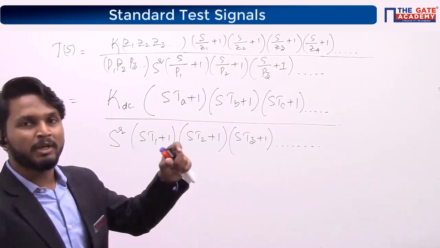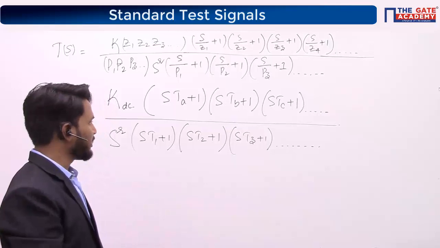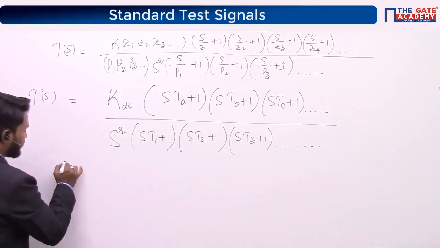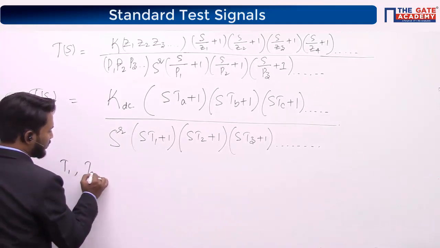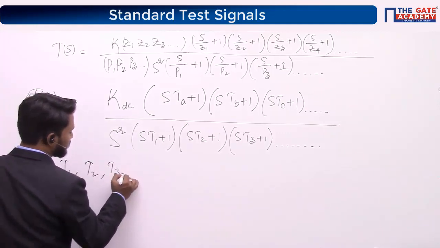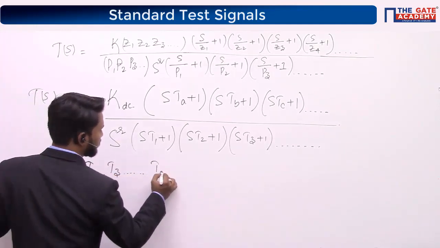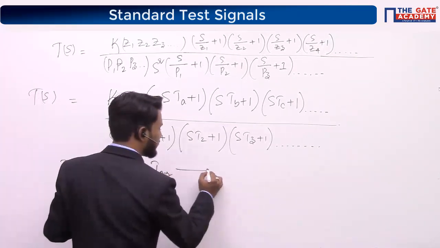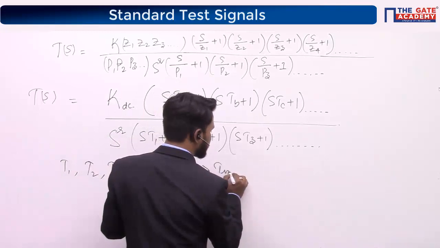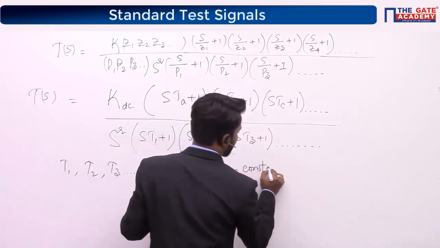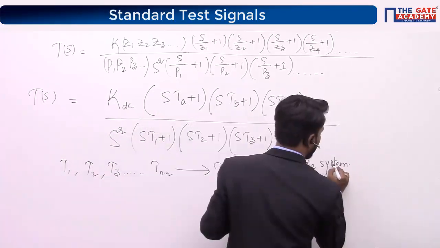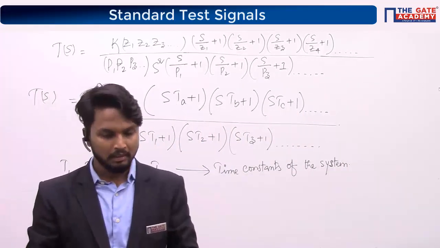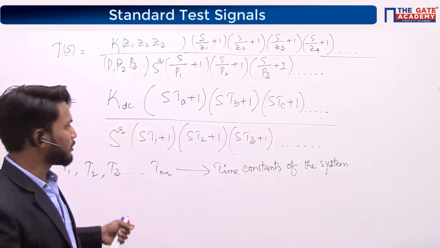As the denominator is deciding the nature of the response, these T1, T2, T3, and so on, Tn minus R, all these T are called what? These are called time constants of the system, right?